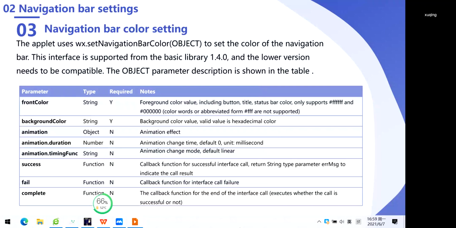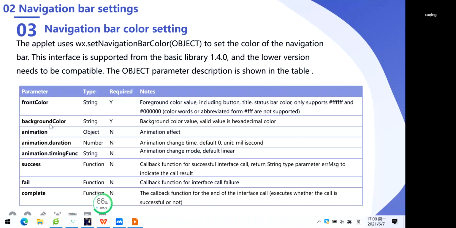Here, we have a description of the object parameter. You see we have these 8 parameters. frontColor is the foreground color value. It includes button, title, status bar color, and it only supports these two colors; color words or abbreviated forms are not supported.